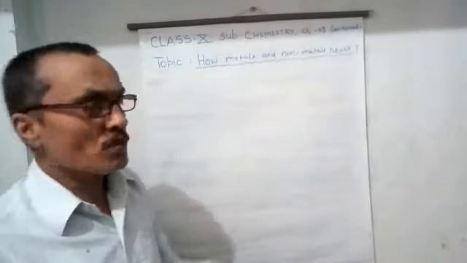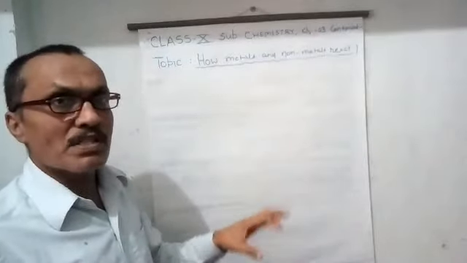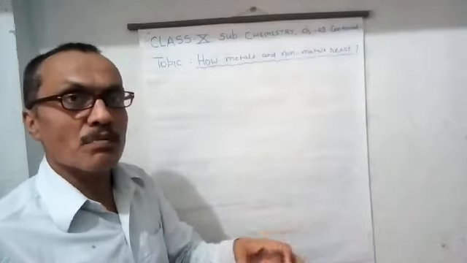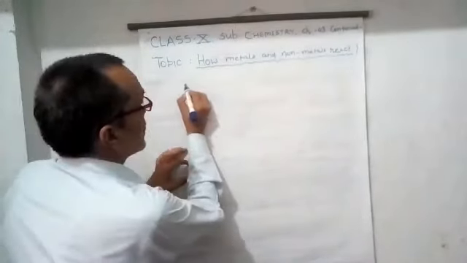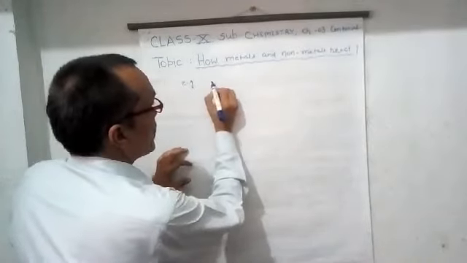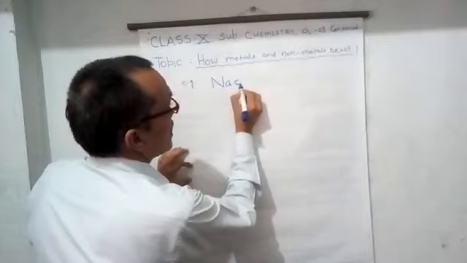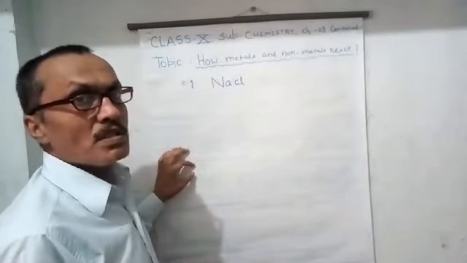Students, first of all, I would like to show some examples of compounds made from metal and non-metal. For example, you are familiar with NaCl, known as sodium chloride.